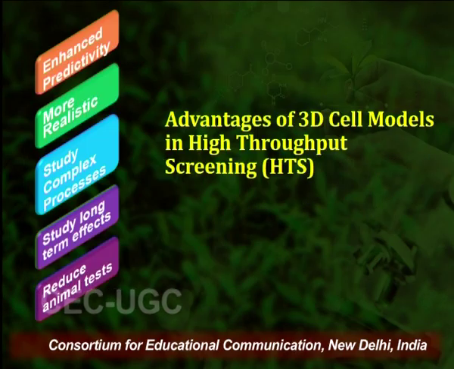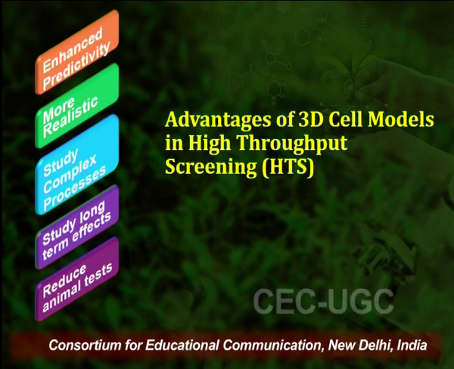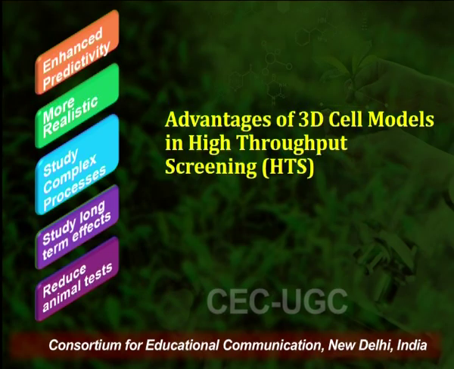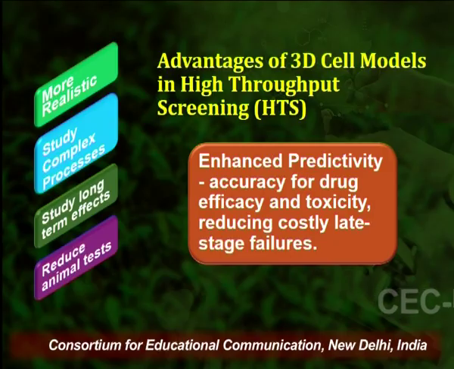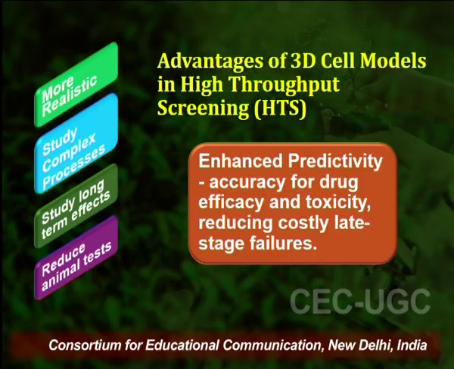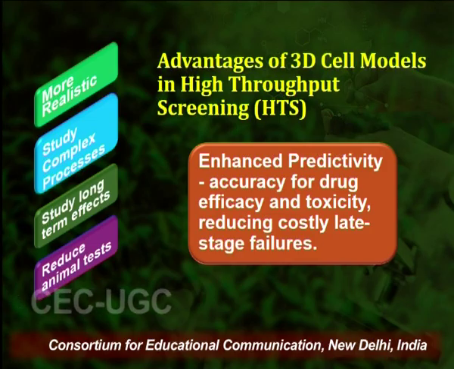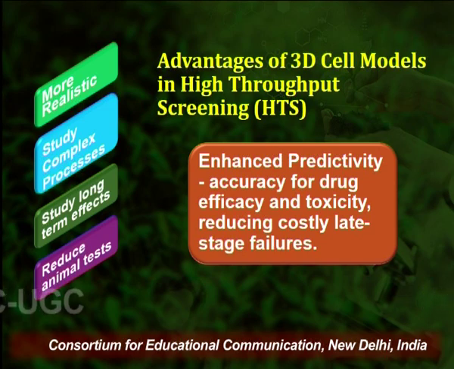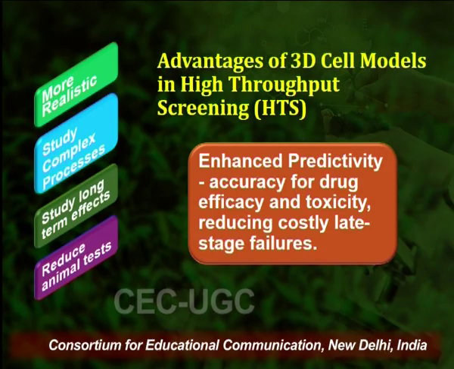Now, after discussing the comparison between these two types of cell cultures, I will just highlight some of the advantages of 3D cell models or 3D cell cultures in case of high throughput screening. Coming to the first major advantage, since these cells are present in an environment which mimics the natural conditions of cells under in vivo conditions, 3D cell cultures offer us enhanced predictivity.